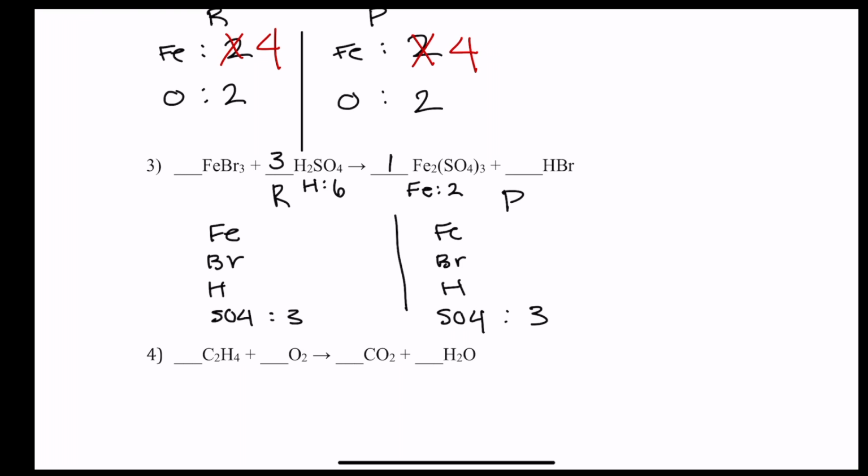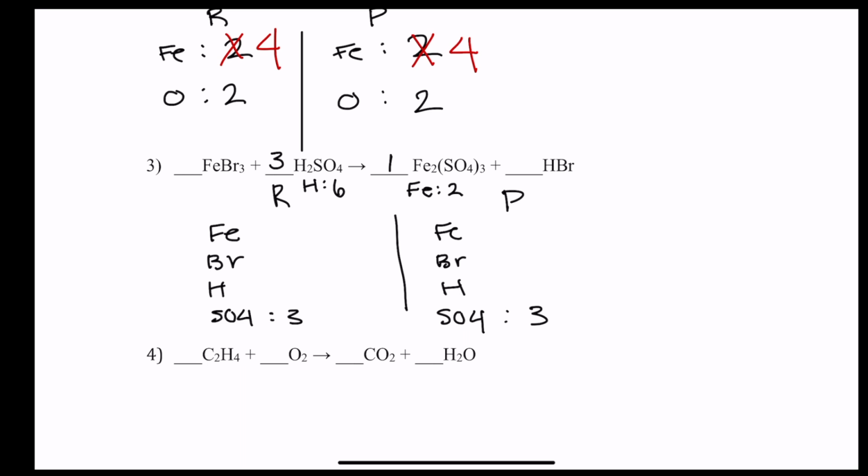The reason why I balance out iron before hydrogen is, I guess this comes with practice, but anytime I do balancing equations, if it has more complicated elements like this, I usually do hydrogen and oxygen last. So that's another tip: do hydrogen last.